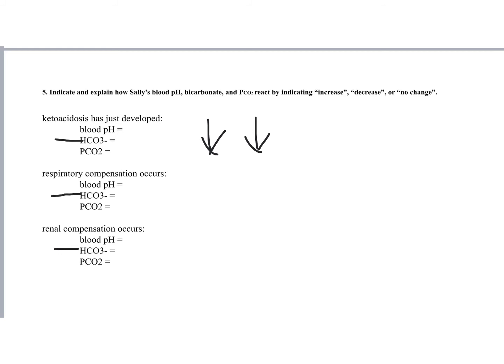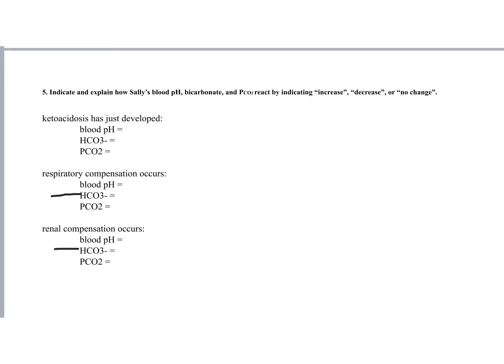But anyway, blood pH goes down, so will the bicarbonate levels, and then the carbon dioxide levels are unchanged because there is no respiratory compensation yet. That's going to be the next part. So blood pH decreases, bicarbonate levels decrease, carbon dioxide levels are unchanged.